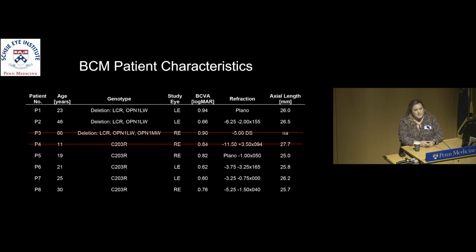So the other 6 were deemed successful for the adaptive optics imaging, meaning that we were able to create a montage over the central macula, and that yielded a 75% success rate for the adaptive optics imaging. I'm now going to show you the images from one patient.